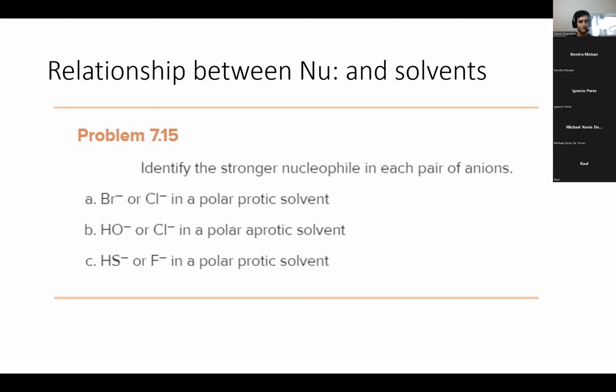All right. So for B in a polar aprotic solvent, I believe the trend is left and up. In polar protic, it'll be left and down. Oxygen is to the left of chlorine, therefore it'll be oxygen for B. Okay.